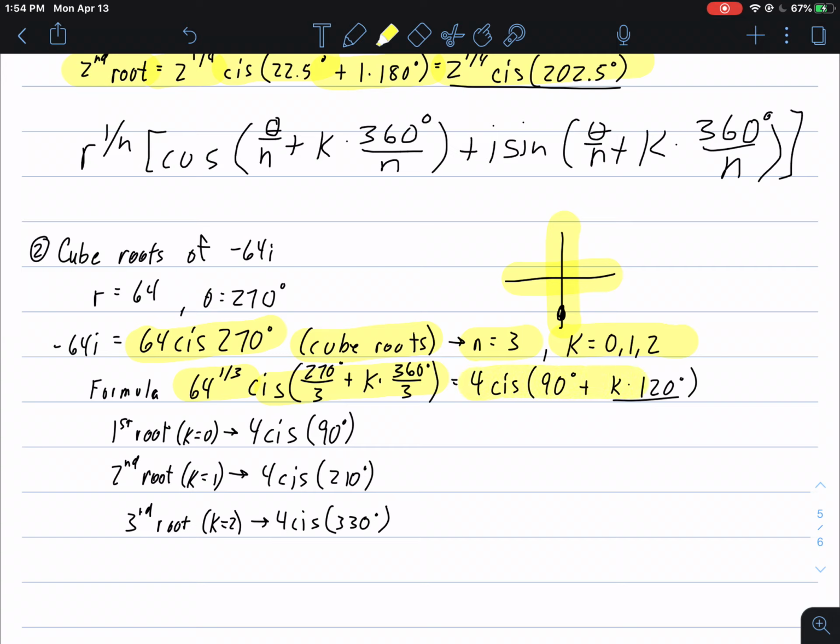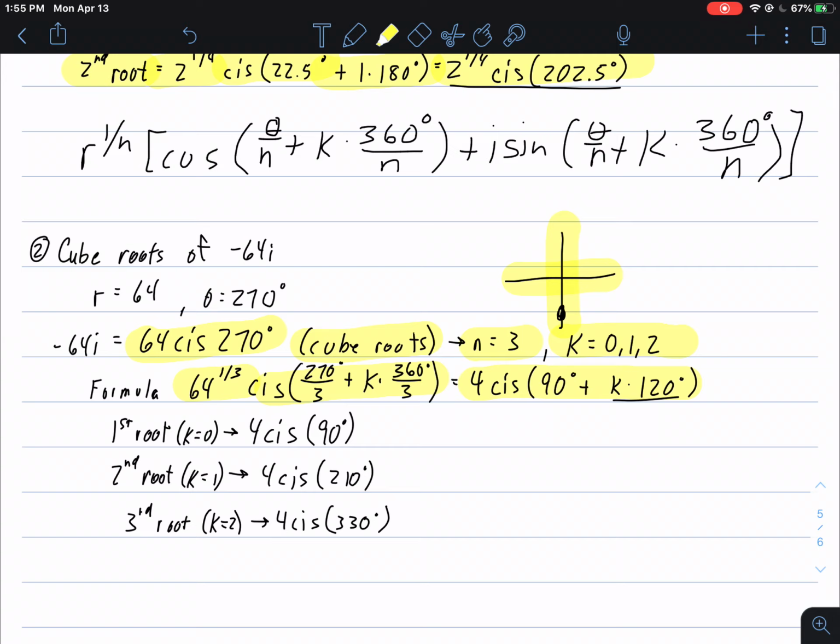Now notice that's the cube root of 64, right? 64 to the 1/3, which is 4. Always want to simplify when we can. Cosine plus i sine, there's our 270 divided by 3, which is 90, plus k times 360 over 3, which would be 120. And then we just plug in the values for k.